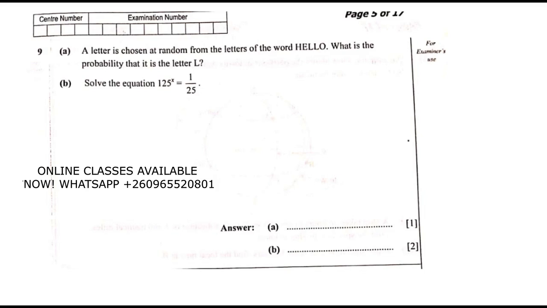A letter is chosen at random from the letters of the word hello. What is the probability that it is the letter L? Okay, so when you talk about probability, we're talking about probability of a certain event happening.